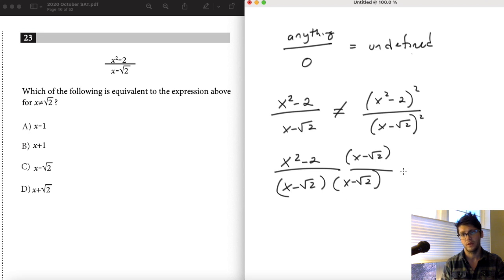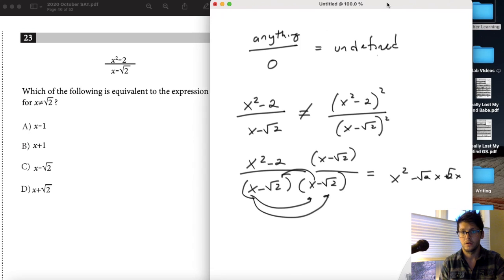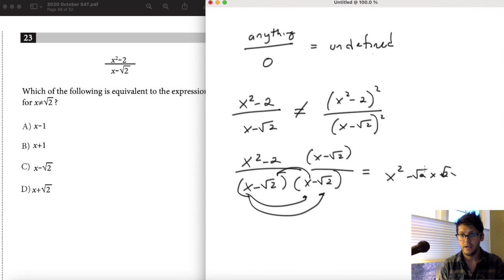You'd get x squared, right? FOIL. And then you'd get negative root 2 times x. And then another negative root 2 times x. That x is outside of the radical.